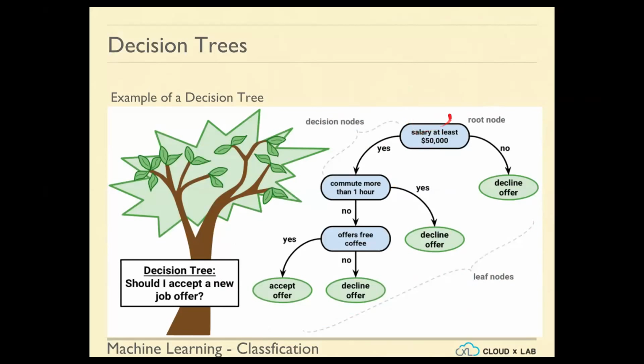Let's say there is a job offer. We first check whether the salary is at least 50,000. Yes, then we go here. No, we decline the offer. Is the commute more than an hour? If yes, decline the offer. No. Does it offer free coffee? Yes or no? So this is one example of the model.